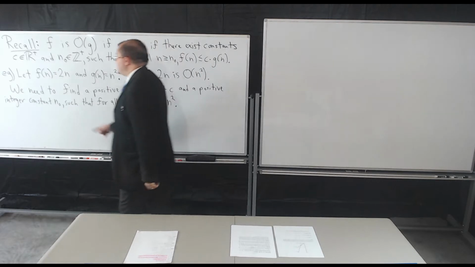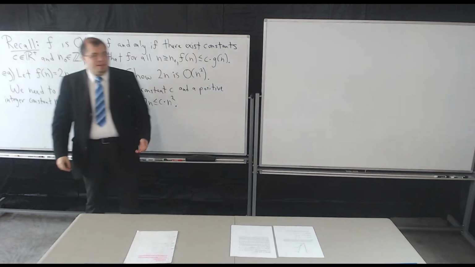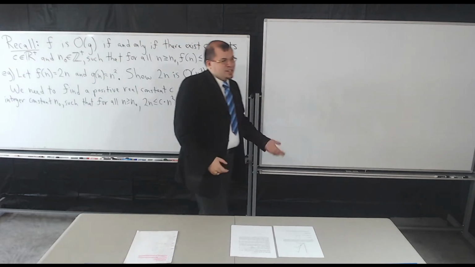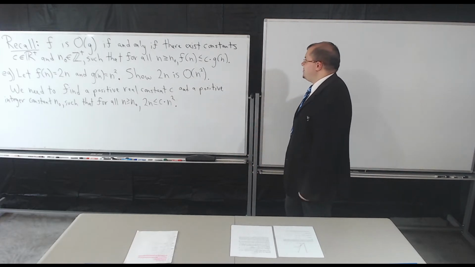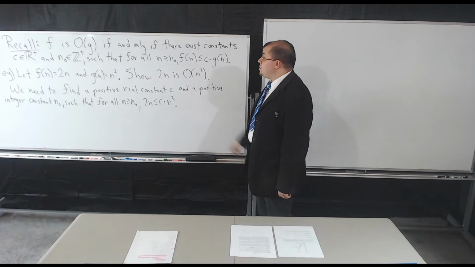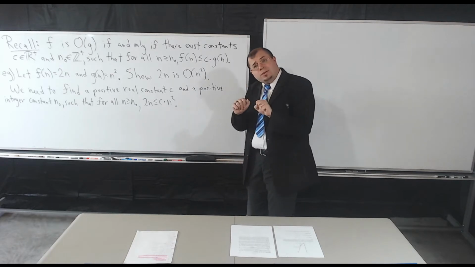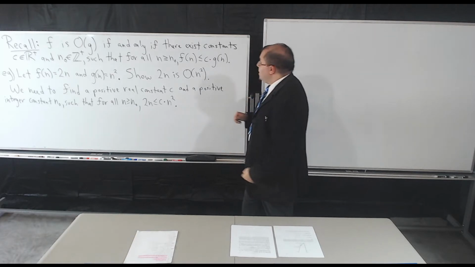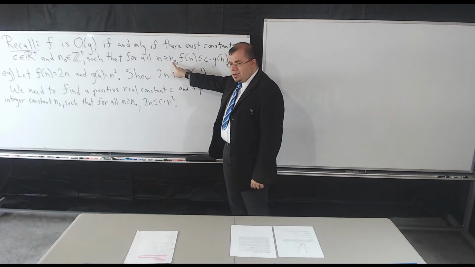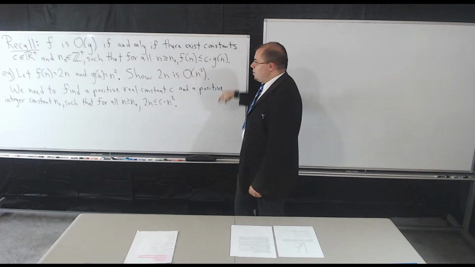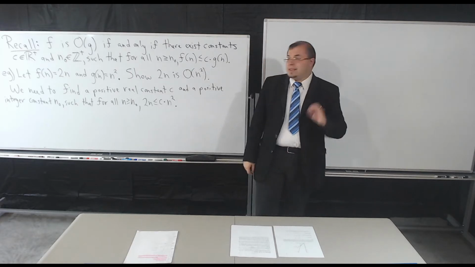The same thing here: c can't be 0. You can think of it as rationals or irrational numbers, as long as it isn't 0, but they have to be positive. So we need to find these two constants such that when I plug those two constants in, it has to be true that for all n greater than or equal to that second constant, n0, this inequality holds.